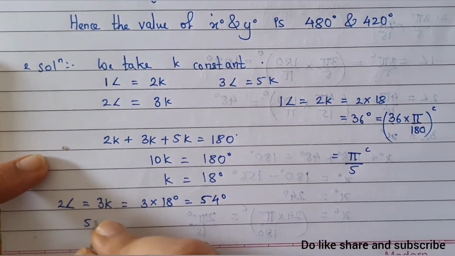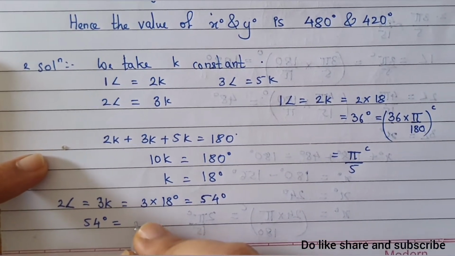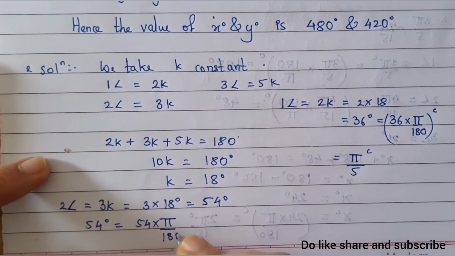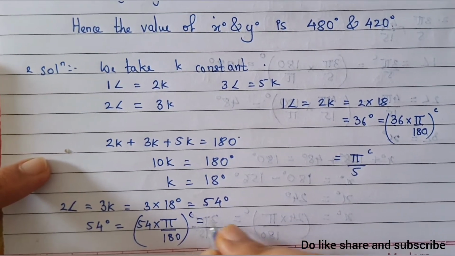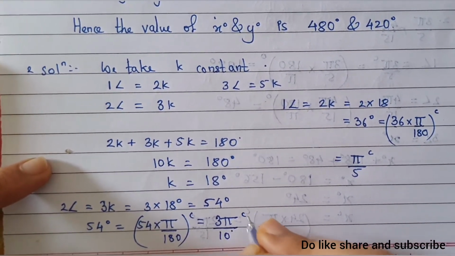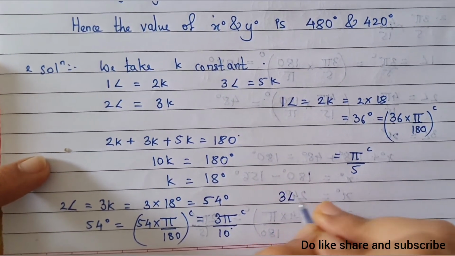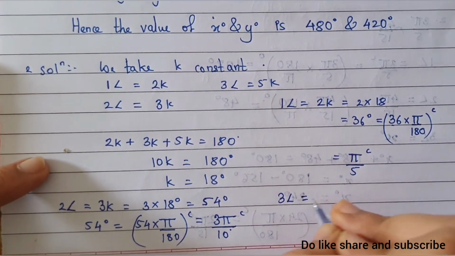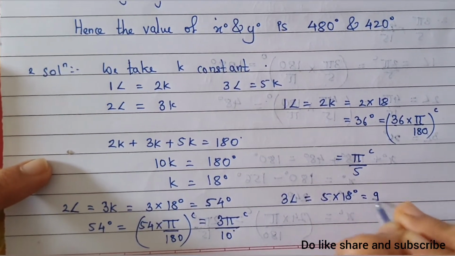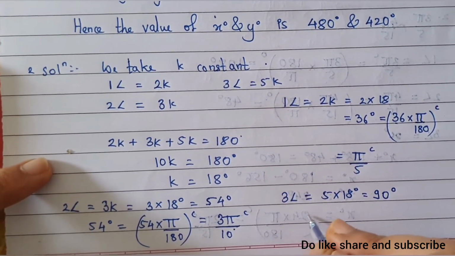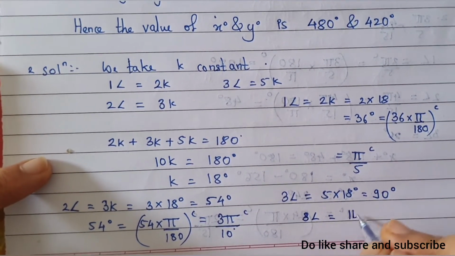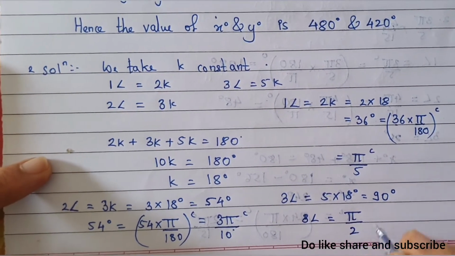And 54 degrees is equal to 54 into pi by 180 radian, that is equal to 3 pi by 10 radian. Similarly, the third angle is equal to 5 into 18 degrees, that is equal to 90 degrees. And therefore the third angle in radian will be equal to pi by 2.